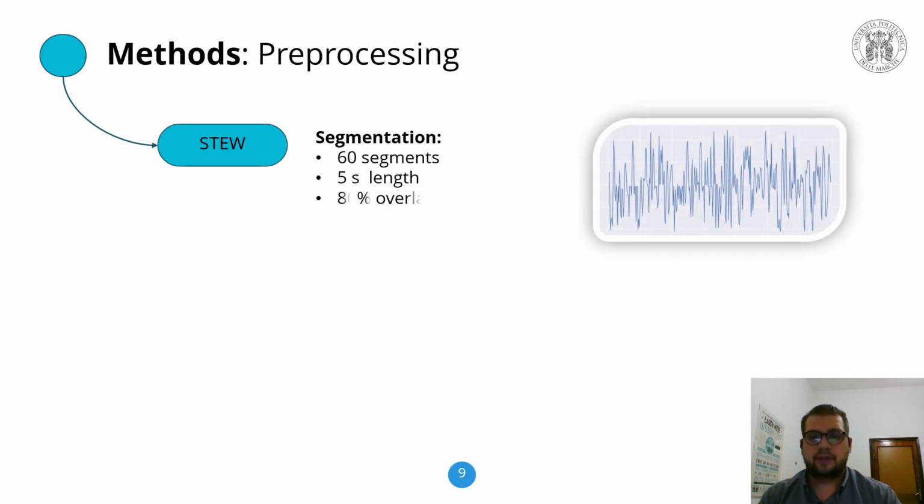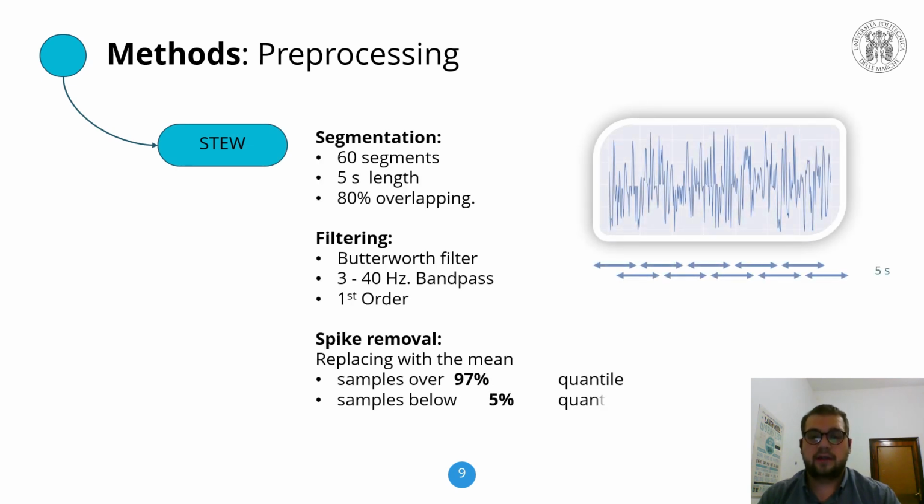We applied some pre-processing to the signal to ensure that it is clean from any artifacts. To do so, for the two datasets, we segmented the data into 60 segments. The segments have 80% overlap with a length of 5 seconds. These will be the core segments that will be entered into the system.